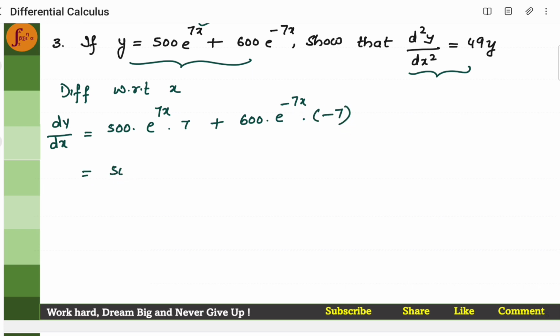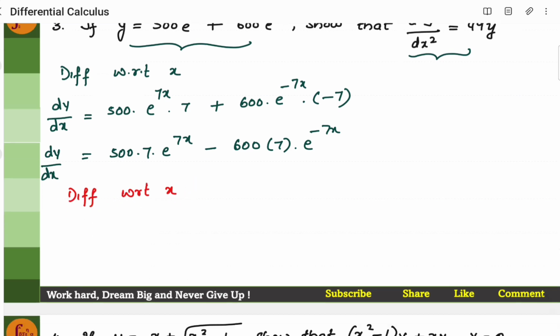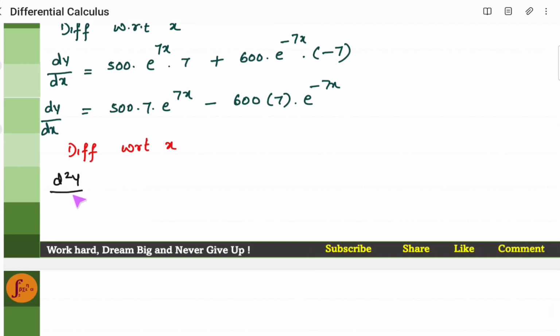So this is nothing but 500 into 7 into e to the power 7x minus 600 into 7 into e to the power minus 7x. Now I'll differentiate again to find the second order derivative, right? So d square y by dx square is equal to 500 into 7. I'll leave it like that. I'll not calculate this. We'll leave it to the end. e to the power 7x, derivative of e to the power 7x is e to the power 7x into 7.